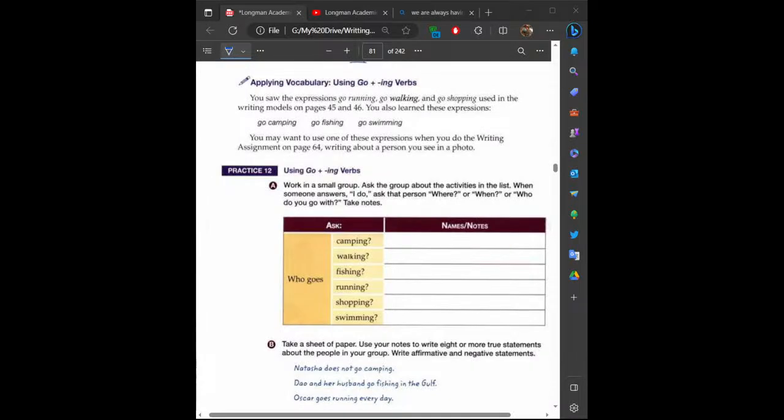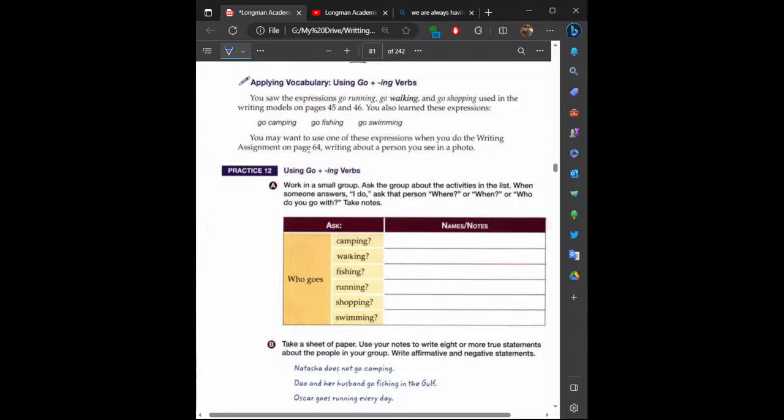Okay, go plus ing verbs. You saw expressions like go running, go walking, and go shopping. In the writing model, pages 45 and 46, you also learned these expressions: go camping, go fishing, go swimming.